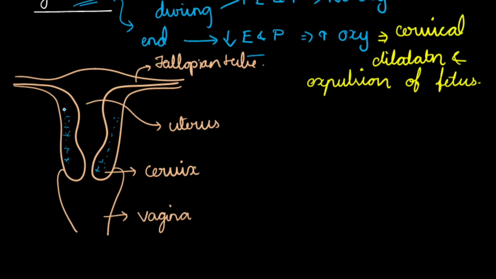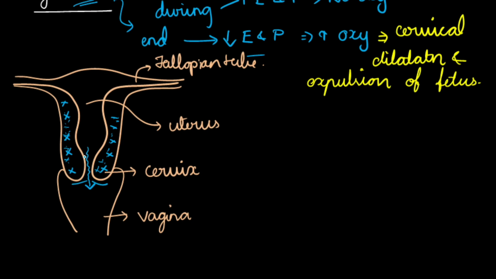In the wall of the uterus there are many stretch receptors, which are very sensitive to oxytocin. During labor there will be cervical dilatation. Only if the cervix dilates can the baby be expelled out of the uterus. So this is the basic mechanism. During labor, as usual, cervical dilatation and expulsion of the fetus happen.